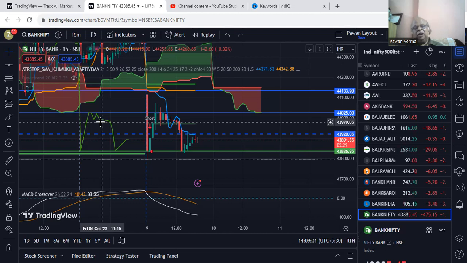Because after testing the level of 43,836, Bank Nifty will move in the upward direction.